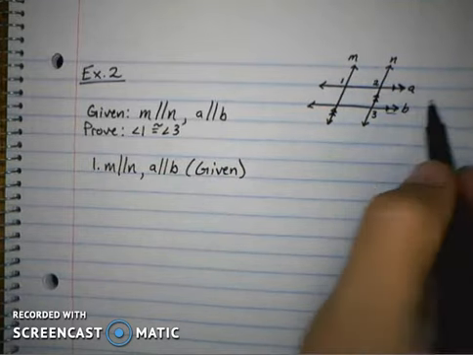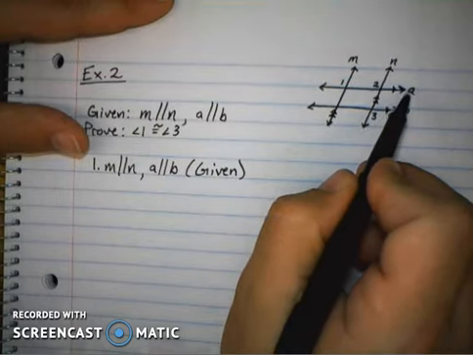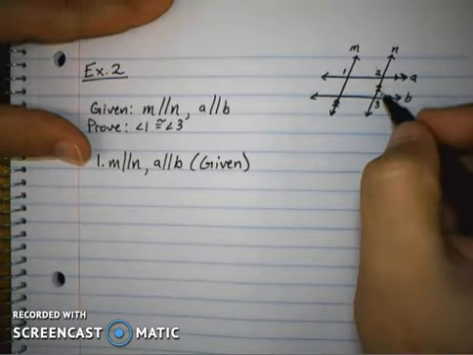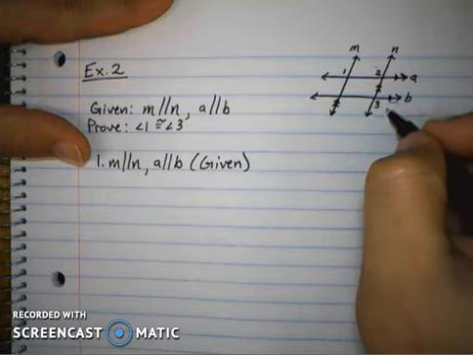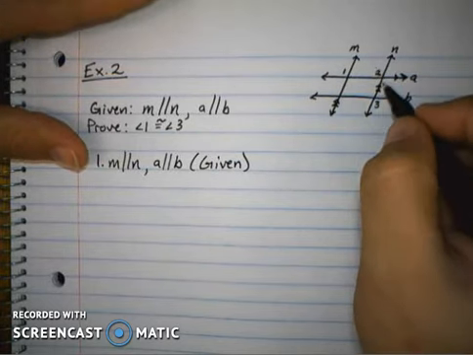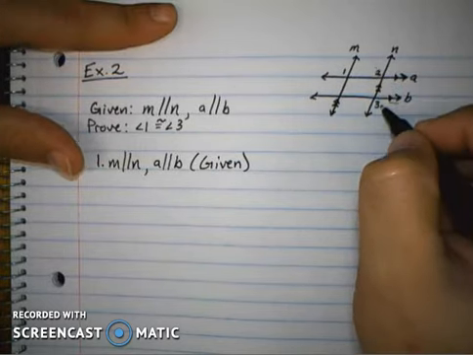But then if I turn this around and I look at parallel lines A and B, with N being the transversal, angles 2 and 3 are alternate exterior angles, so they're congruent. Well, if 1 is congruent to 2 and 2 is congruent to 3, we can say 1 is congruent to 3 by the transitive property. So that's all we have to do. We're just going to write that out in our proof.